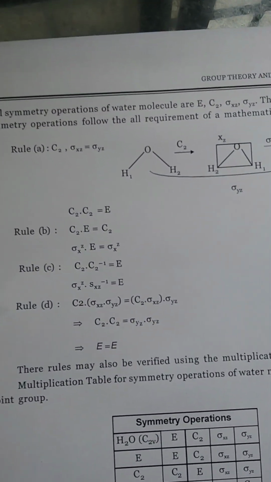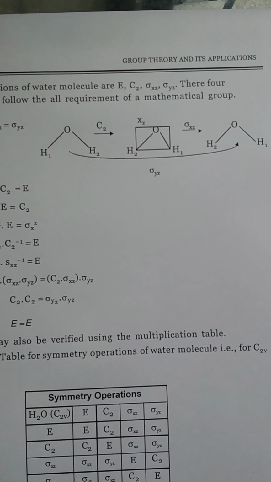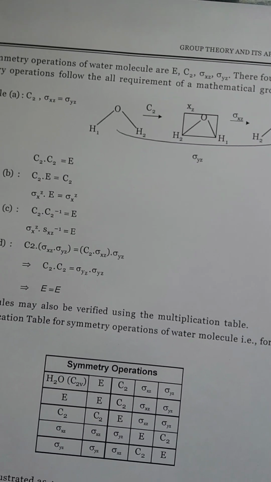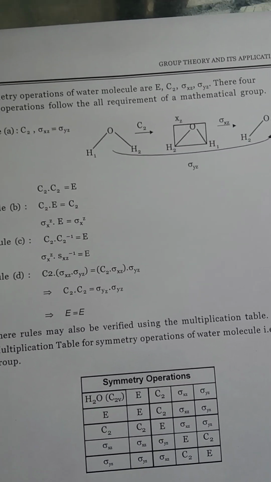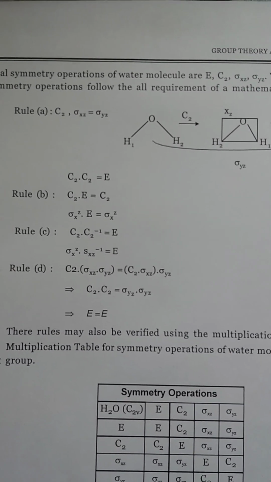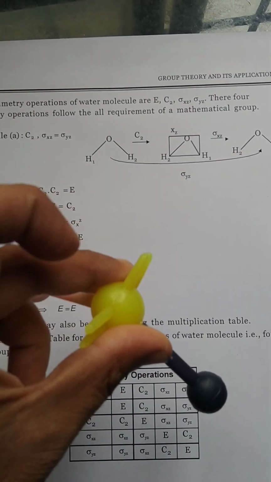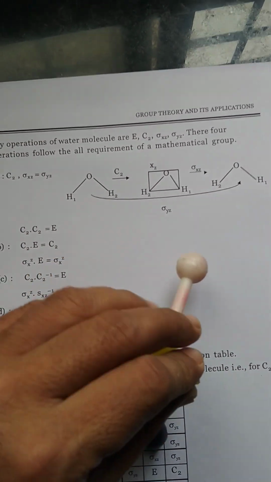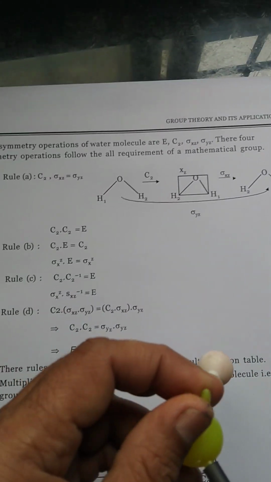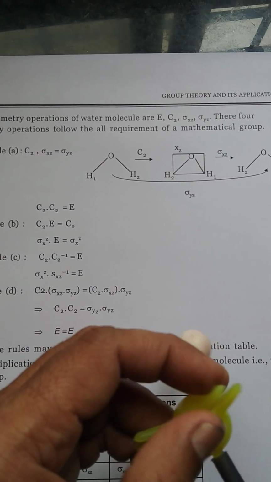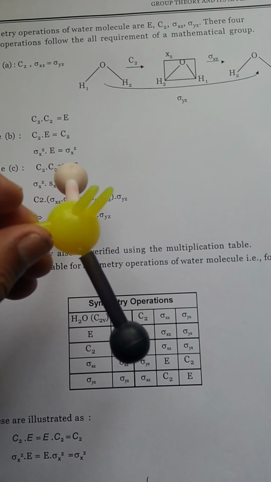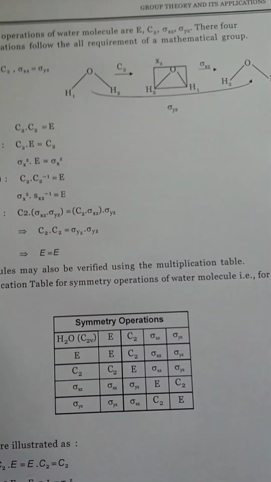Here it is represented like this. Water has two vertical planes of symmetry and one C2 axis. So the C2 element is for the rotation of water, and the planes are for reflection of the hydrogens. In this way water has C2v: one sigma v, another sigma dash v, the C2v point group.